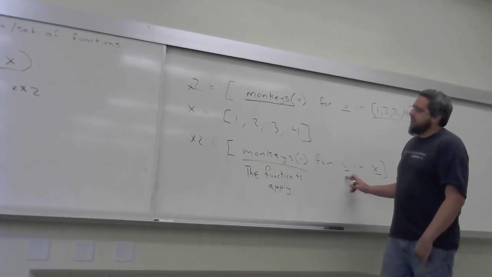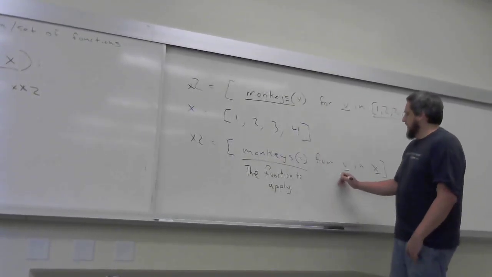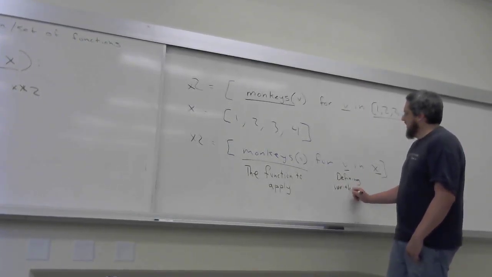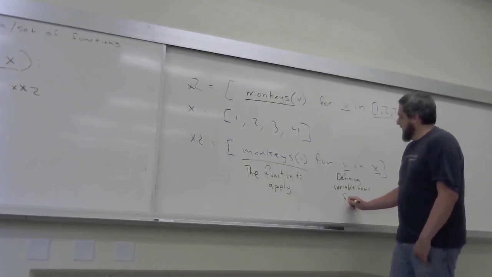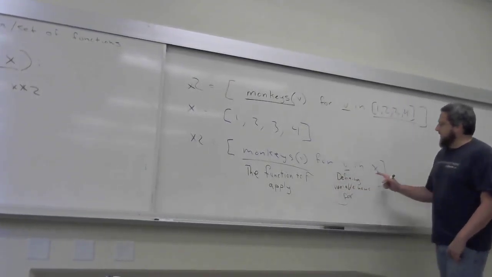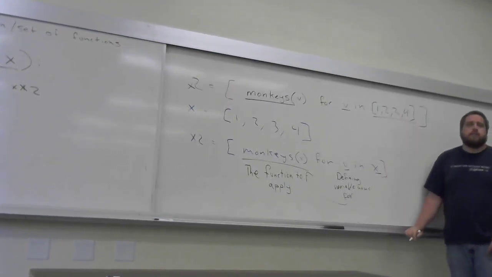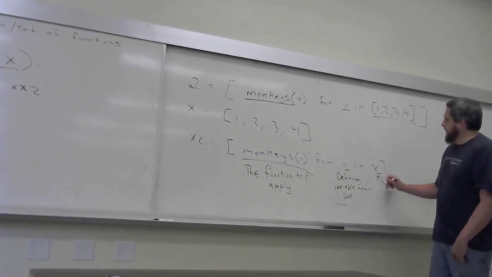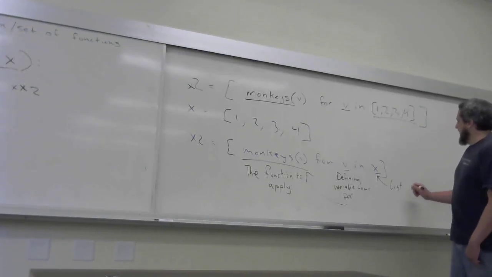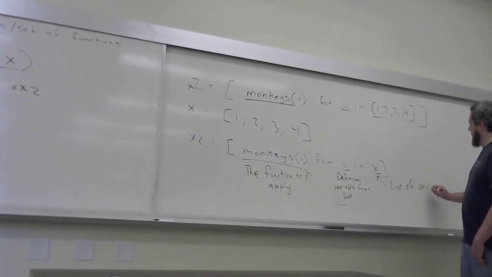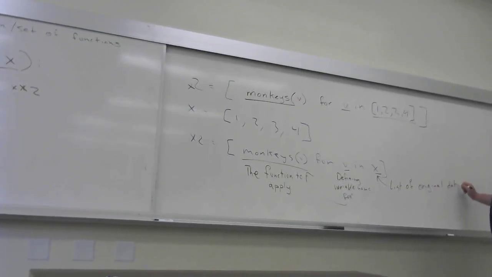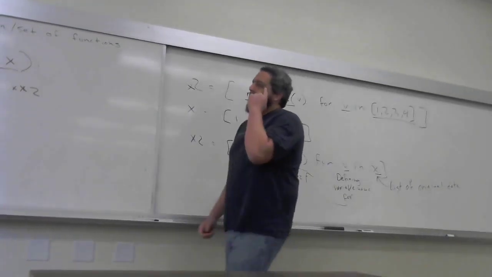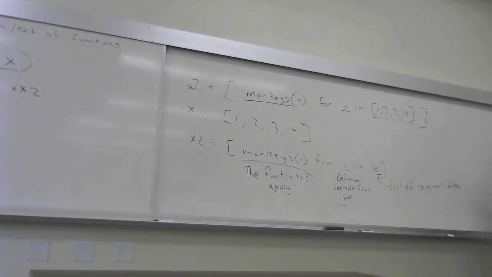So defining the name of the variable for this function call over here. What's this part over here? List of original data. Let's go ahead and take a look at this in practice.